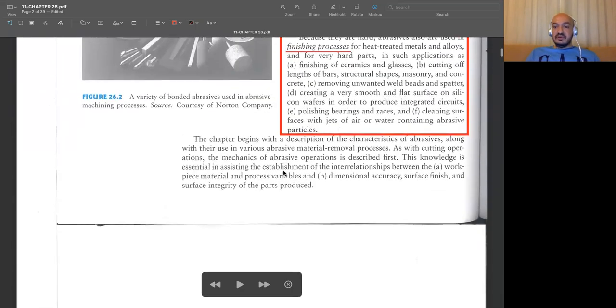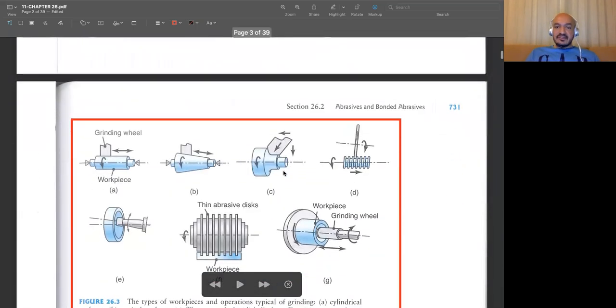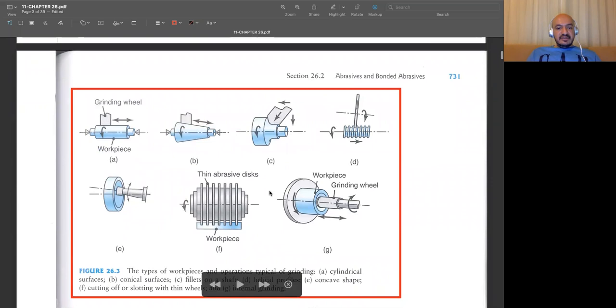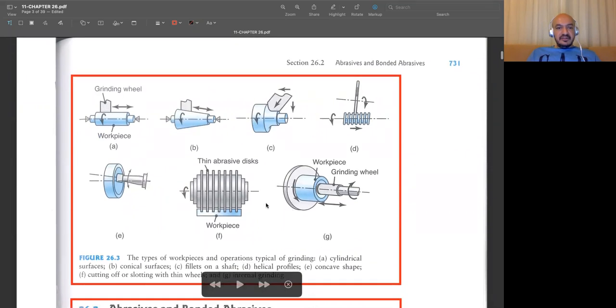And in this chapter, we'll be talking about all these processes, and some other finishing operations. Here in this figure, you see some different types of grinding operations. The first one is cylindrical grinding, and then we may also do grinding operations on conical surfaces.